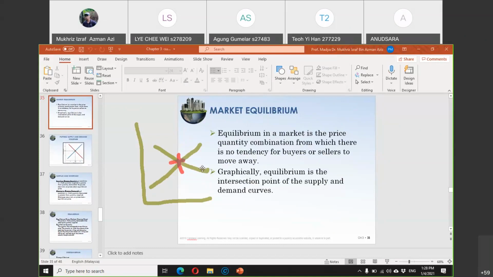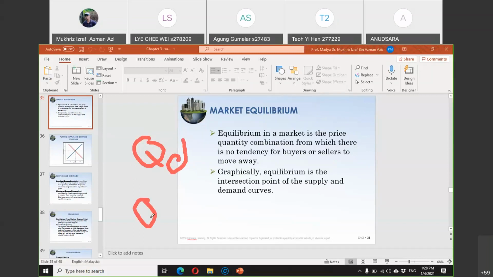If you were to do this in terms of mathematics, if you write the equations, in economics we write the demand function as QD and the supply function as QS. Equilibrium is when the two equations are equal, the function for demand is equal to the function for supply.